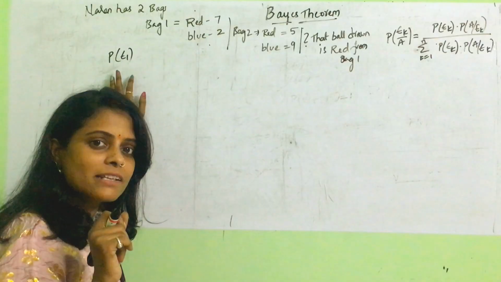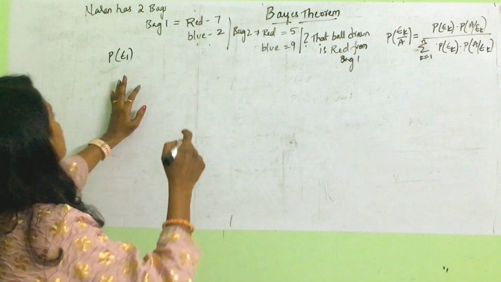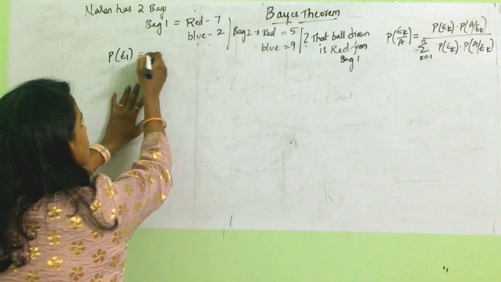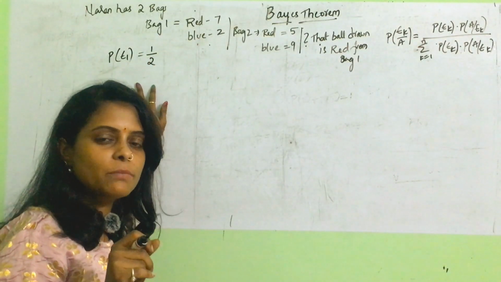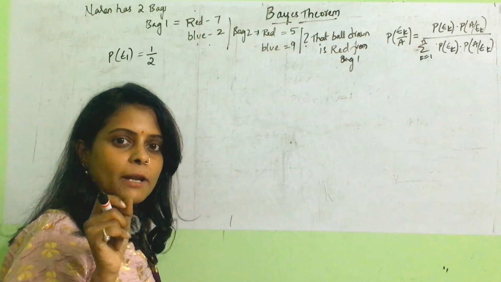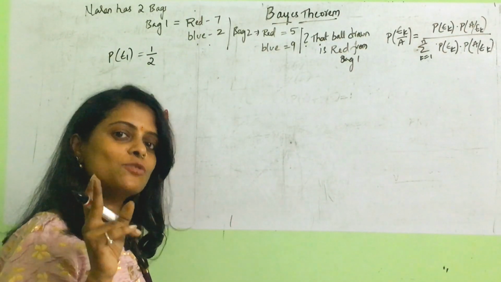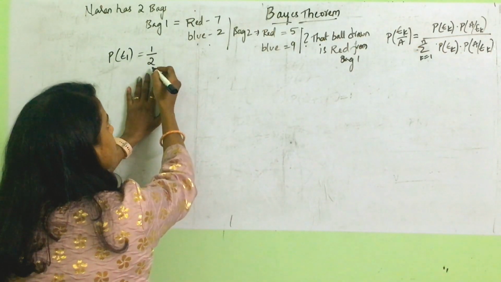How many bags are there? There are 2 bags. So picking up a ball from bag 1 gives you 1 by 2. Why 1 by 2? Because we have 2 bags here, bag 1 and bag 2. So picking 1 from that 2 gives you 1 by 2.